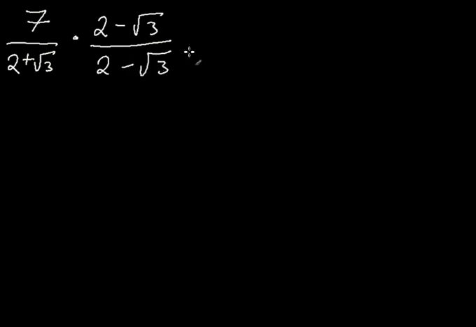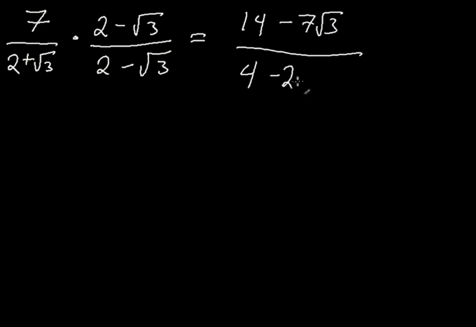All right, let's do it. So 7 times 2 is 14. 7 times negative root 3 is negative 7 root 3. 2 times 2 is 4. And then negative 2 root 3 plus 2 root 3. And then that's going to be negative 3. Again, I notice that these are equal and opposite, so they cancel. It's always going to work that way, so that's really handy.